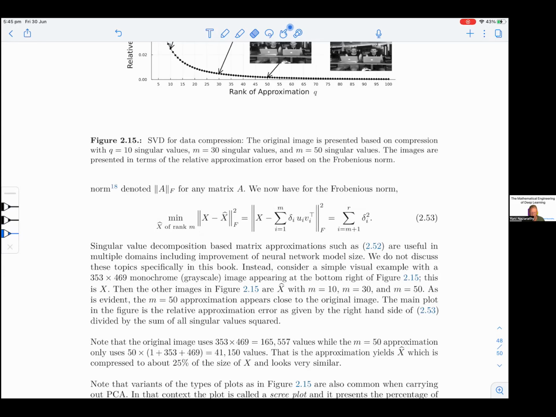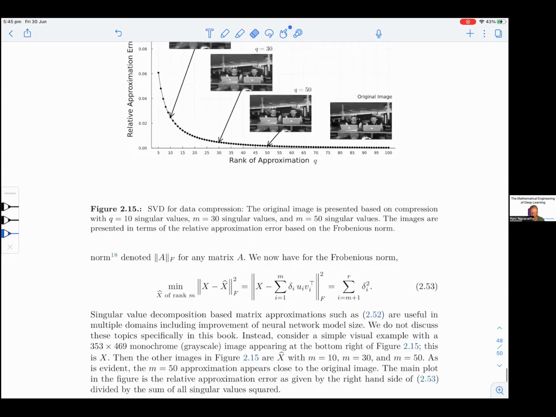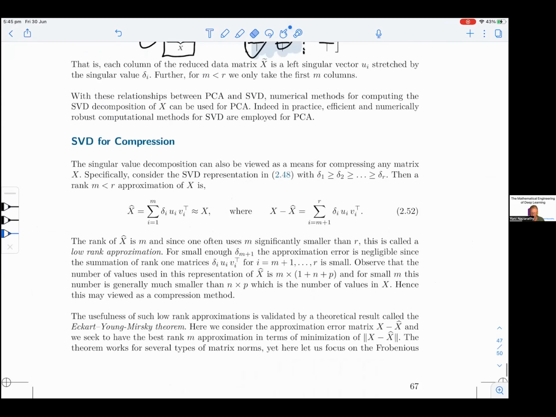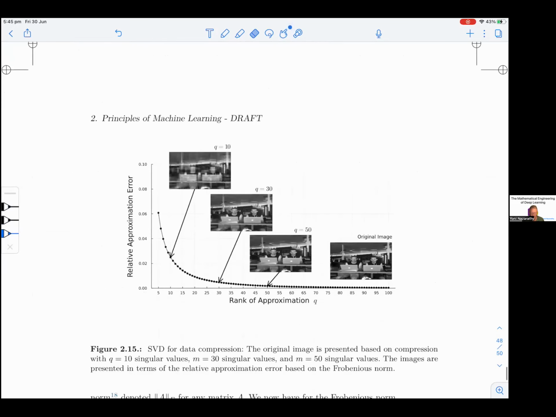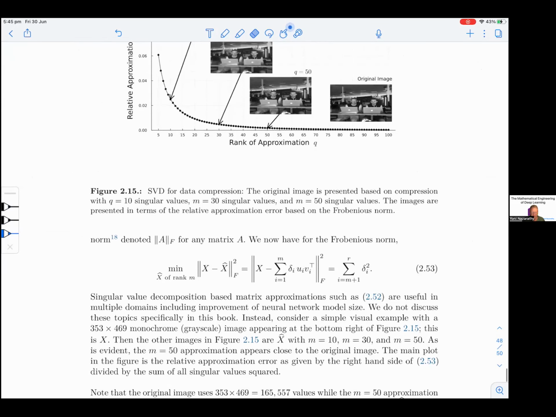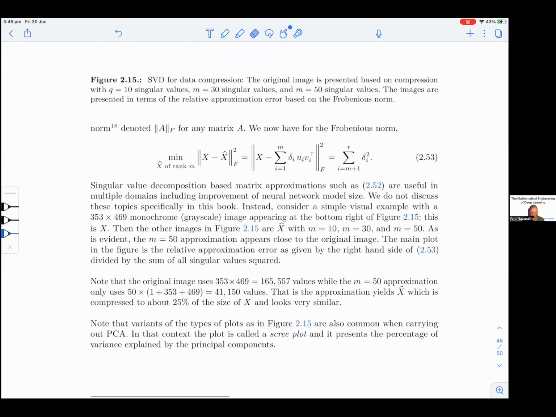These singular value decomposition-based matrix approximations, as in 252, are useful in multiple domains, including improvement of neural network model size. We do not discuss these topics specifically in this book.